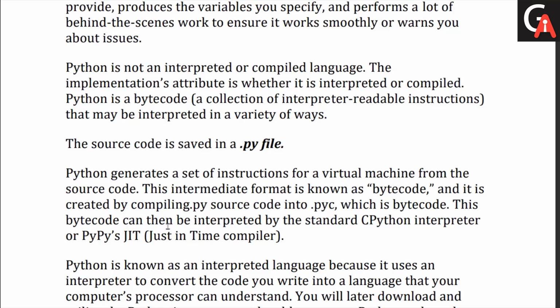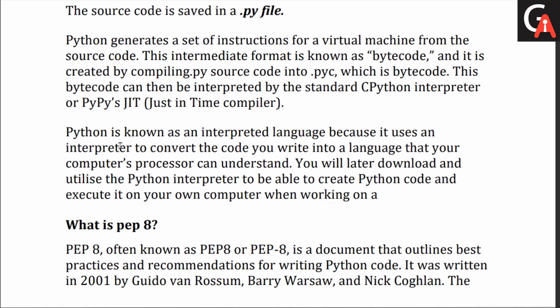This bytecode can then be interpreted by the standard CPython interpreter or PyPy's just-in-time compiler. Python is also an interpreted language because it uses an interpreter to convert the code you write into a language that your computer's processor can understand.